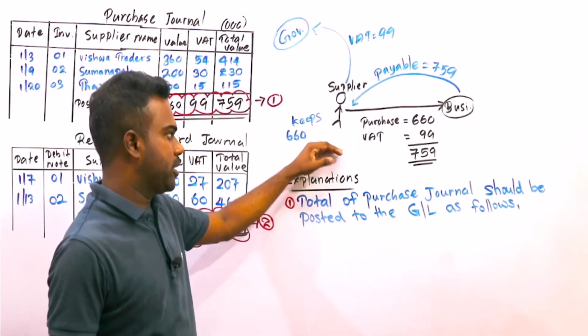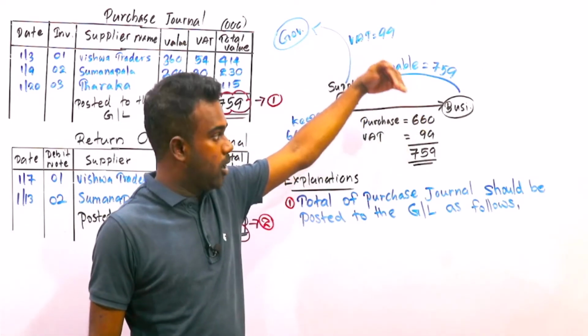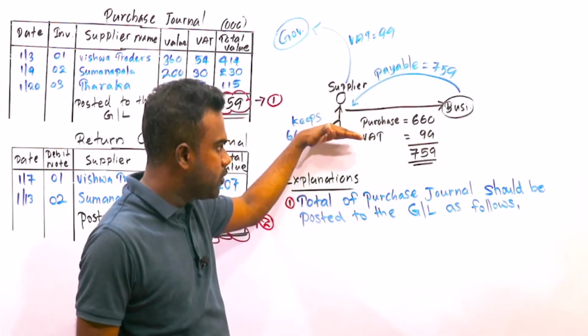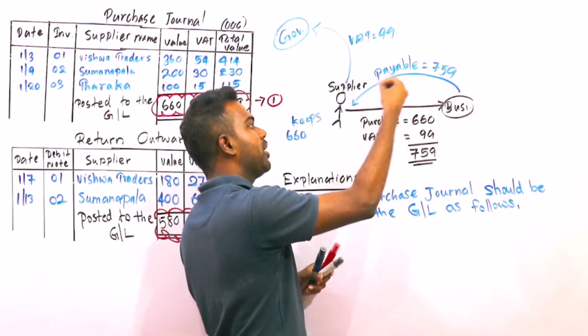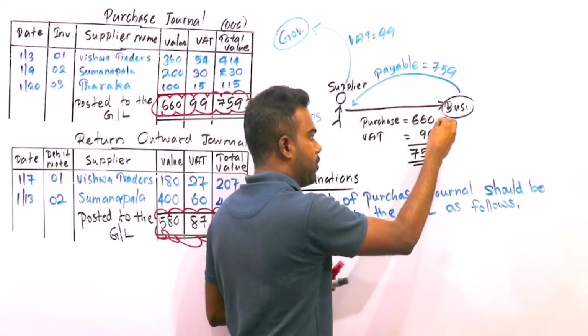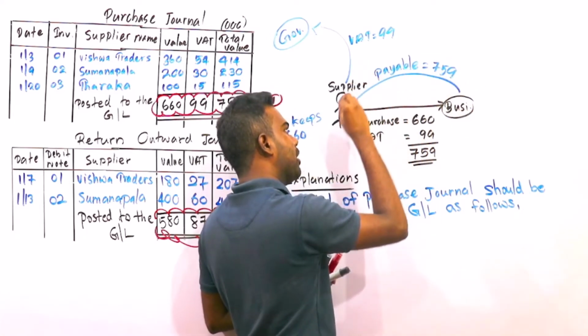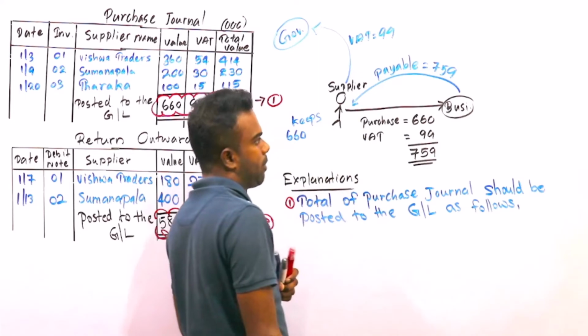This is the process: the supplier has sent the purchase price with the VAT, then the business has to pay all the amount. Normally payable means liability, payable to the supplier.